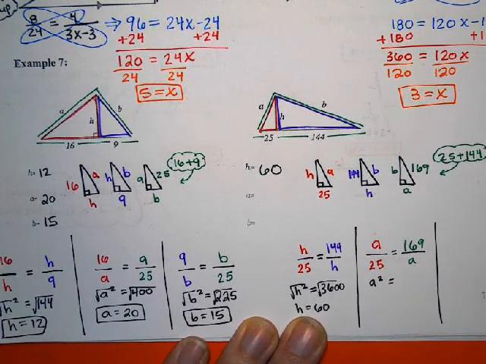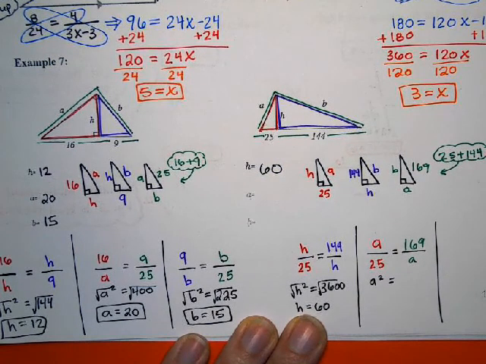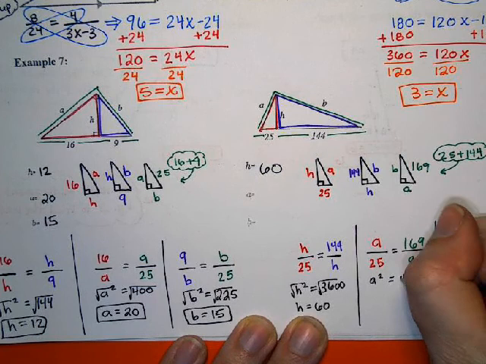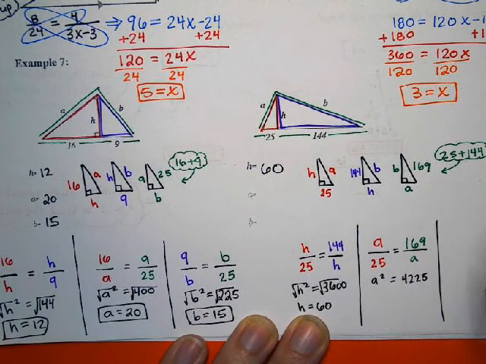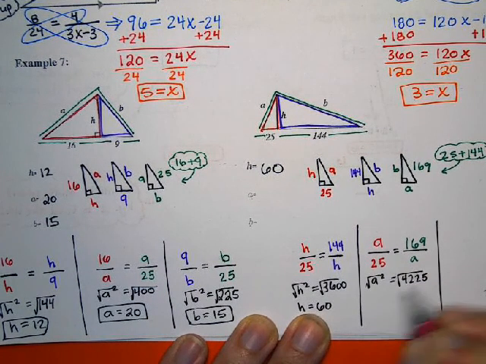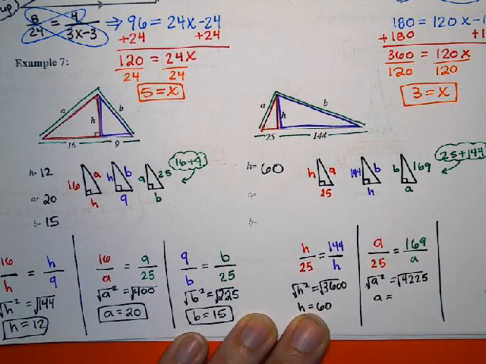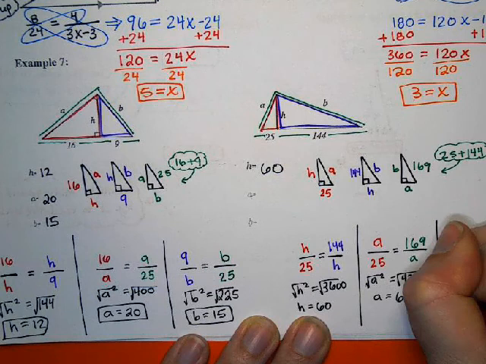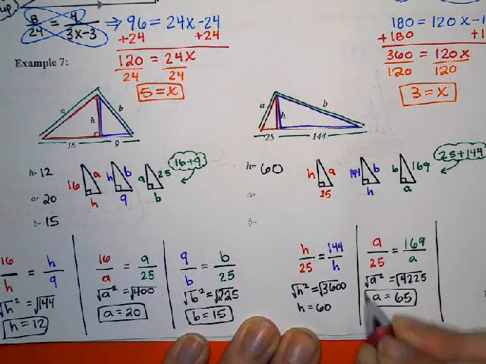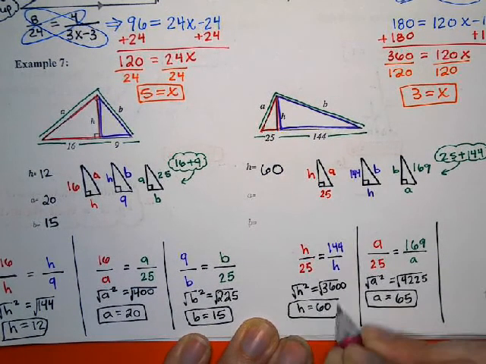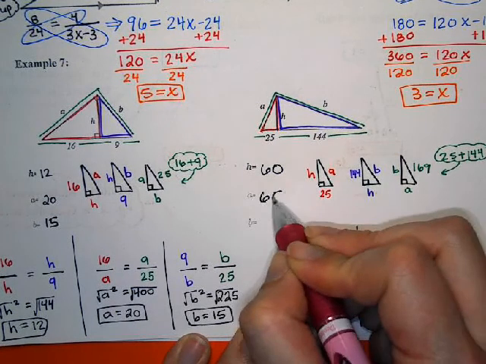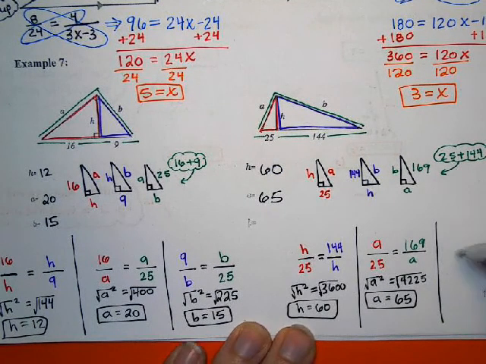What'd you set up? 169 over A. A times A is A squared. 25 times 169 is, square root of that. 65.